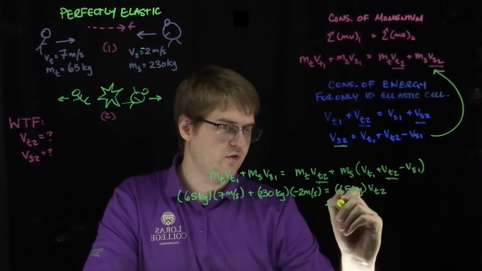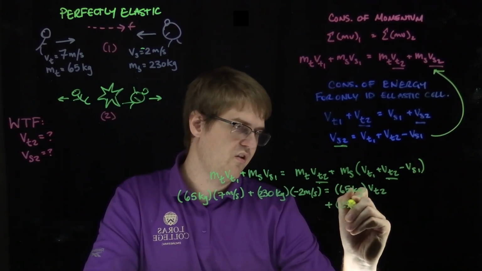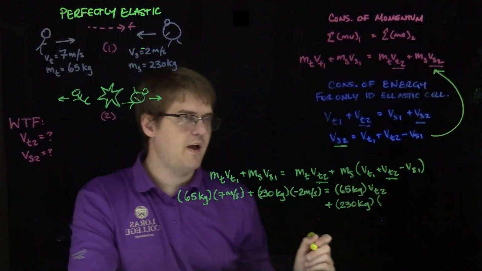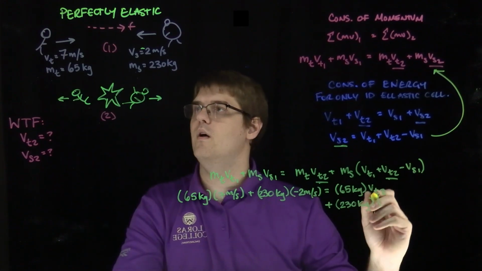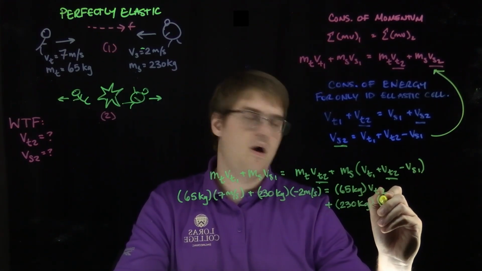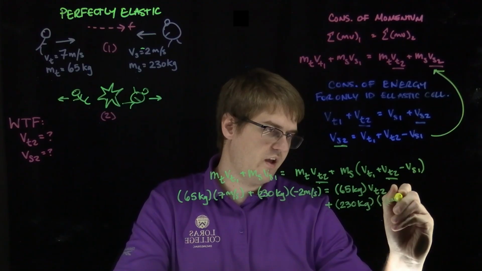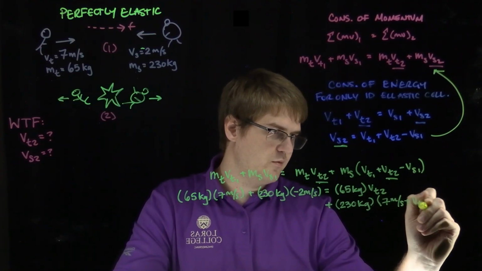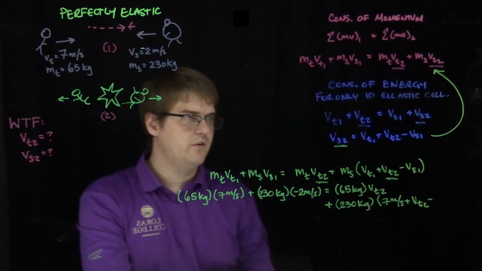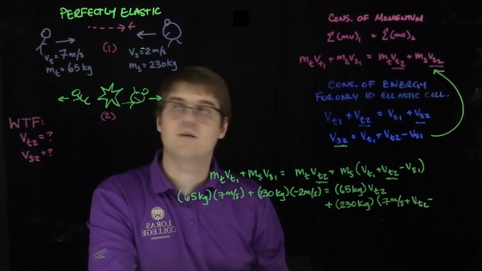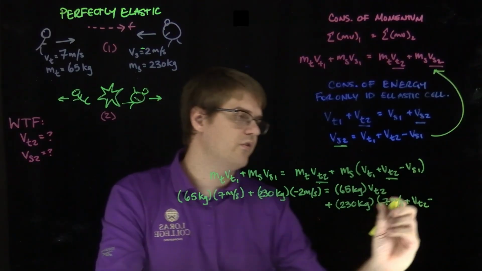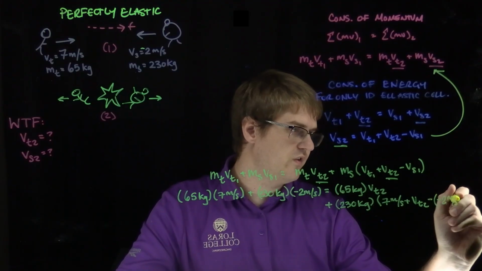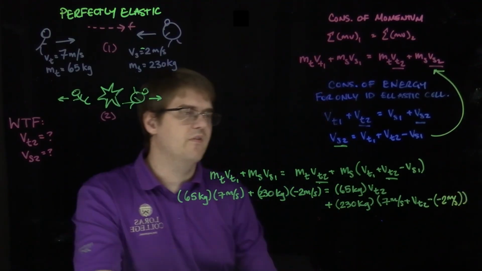Mass of my sumo wrestler, which is 230 kilograms, times velocity of my track star at time 1, which was positive 7 meters per second, plus the velocity of my track star at time 2, minus the velocity of my sumo wrestler at time 1, which was negative 2, so minus the negative 2 meters per second. That'll be the equivalent of adding 2.